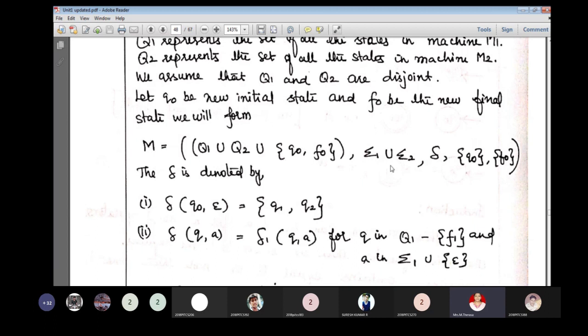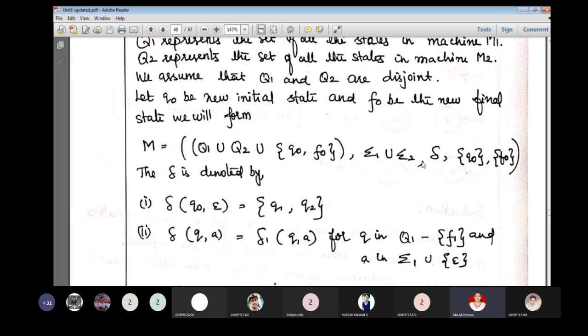The input alphabet is the union of sigma 1 and sigma 2. Then del we are going to define later. The initial state of the entire machine which we construct for R1 plus R2 is the new state q0, and the final state is f0, the new state we have introduced.